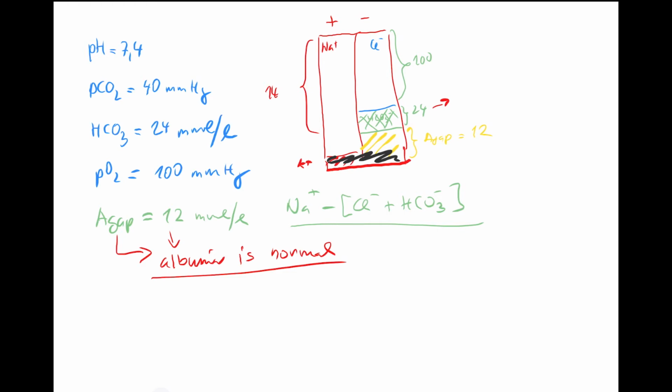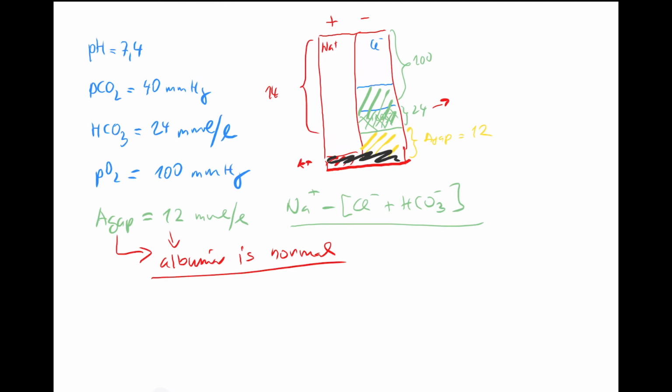So look at this. If you lose just chloride, what will happen over here? What do you think? If you lose this part over here, it's going to be smaller. Chloride. So what will happen? The bicarb is going to expand.